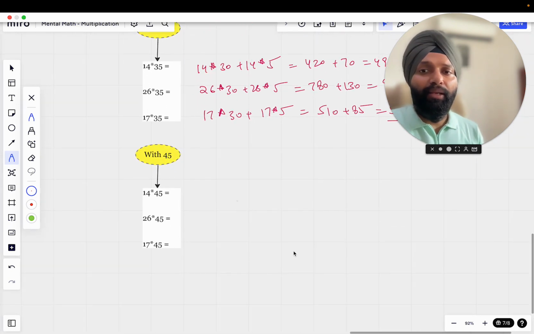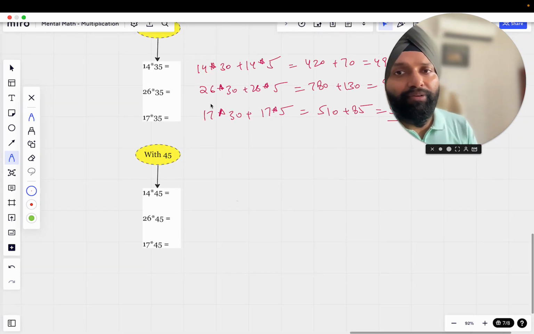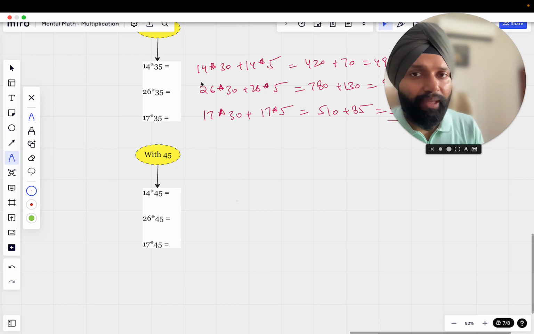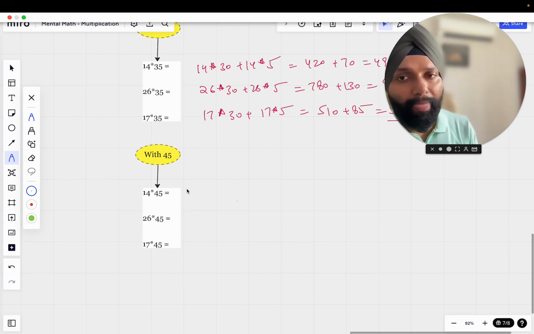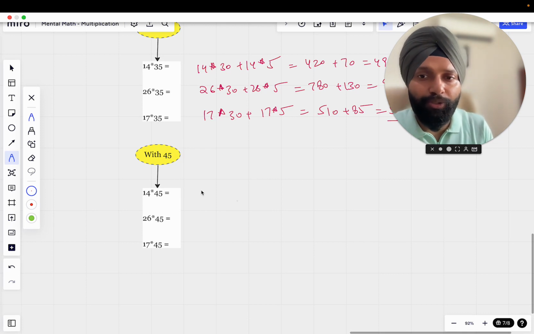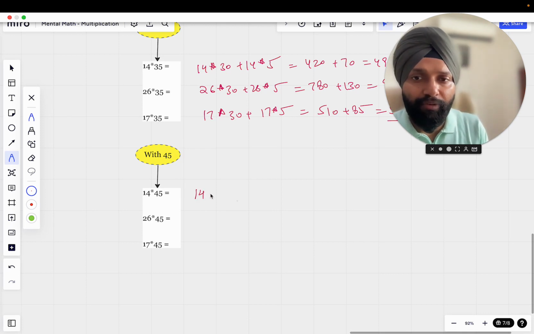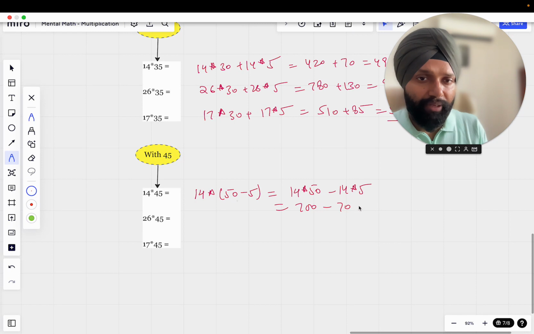Okay, now if you're multiplying with 45, you can do it the same way as we did with 35. But since 45 is very close to 50, what you can also do is think of it in terms of 50. 14 into 50 minus 5, so it becomes 14 into 50 minus 14 into 5. Now 50 is just 100 by 2, so it becomes 700 minus 70. This is just 1/10 of that, right? So 630.